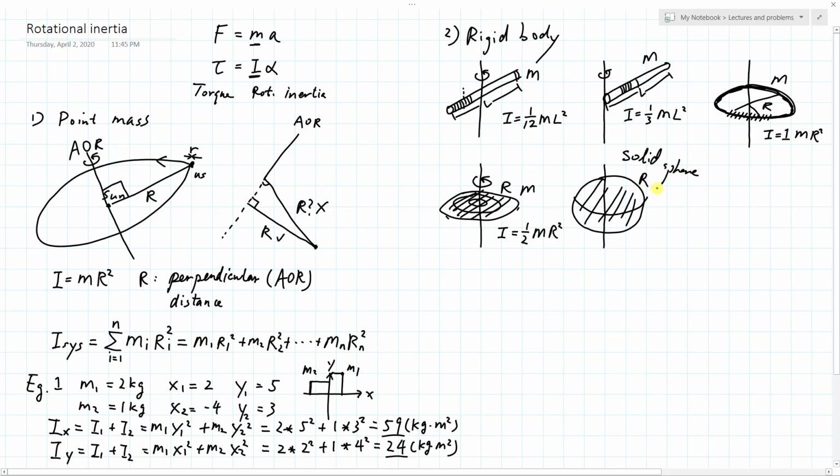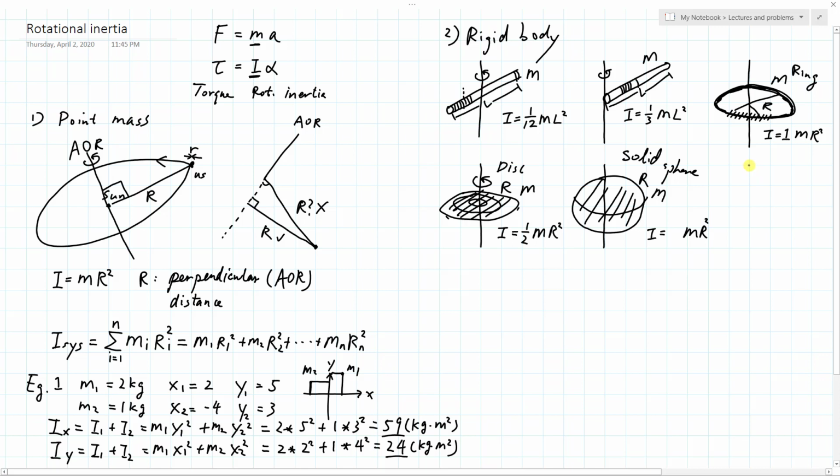We have radius r, we have mass m, and this is a solid disk. This is a ring. Okay, so we have this. We'll also have I equals mr squared.